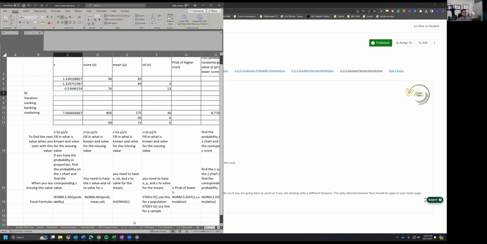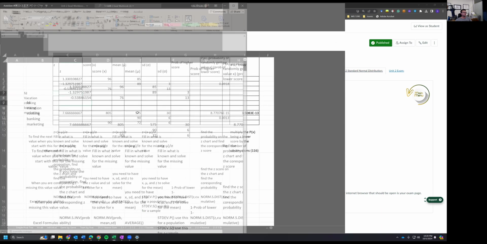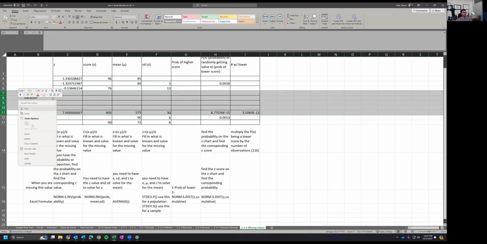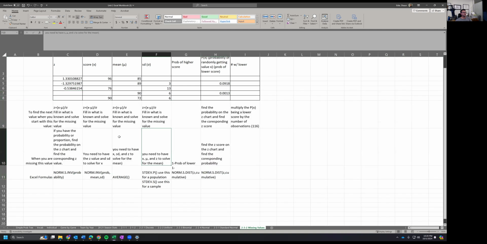Excel, Unit 2 Excel, right here. Yours is going to look slightly different. This is what yours is going to look like.